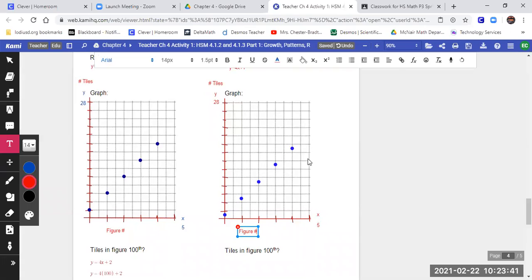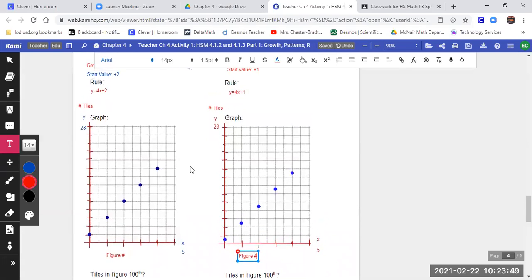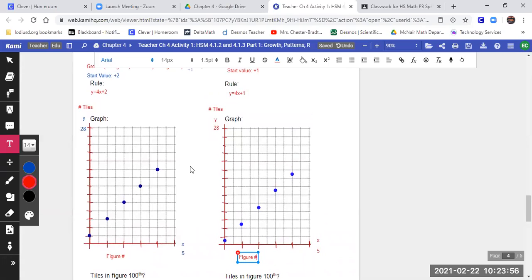Are we going to draw a line to connect these dots? Come on, guys. No, why not? Why did we say not going to?